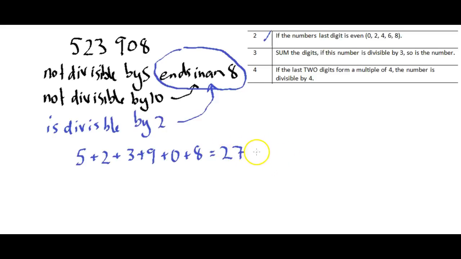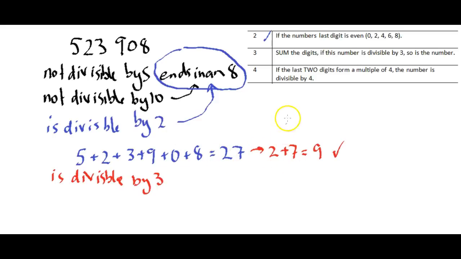Now I can do this again if I can't tell whether 27 is in the 3 times table. It is in the 3 times table, just to show you how I could do that again if I wasn't sure. 2 plus 7 equals 9, and that is in the 3 times table. So my number is also divisible by 3. And I've shown why with this working out. So that's taken care of.